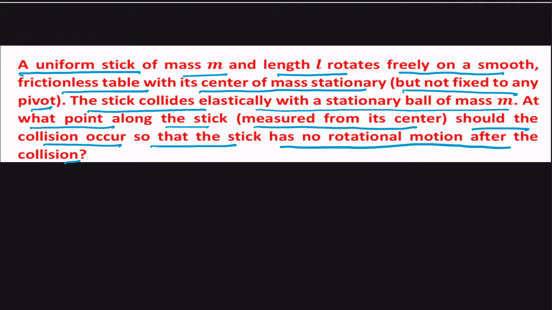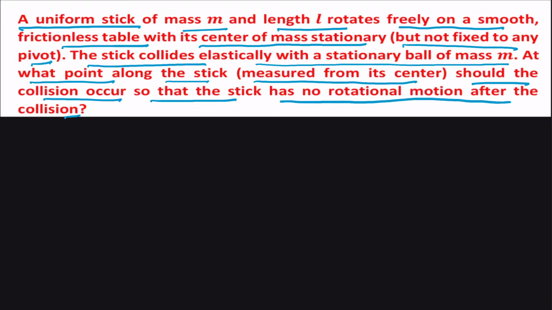So it means after the collision, the stick should not be having rotational motion associated with it. Okay, so that's the basic question. And we can just draw the basic figure for that.